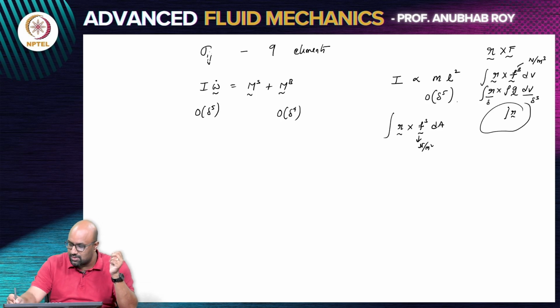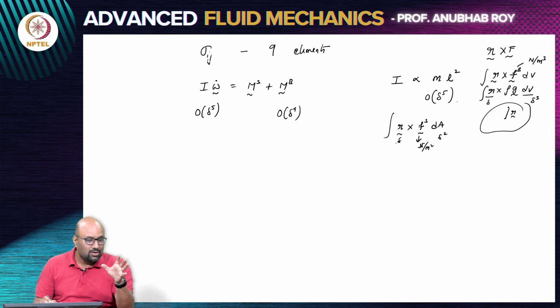Here this is the surface force that we just encountered. So R cross F integrated over the entire surface area. Now if you do a dimensional argument, this would be delta squared, this would be delta. This is all scaling arguments. We are not going into an exact magnitude right now.